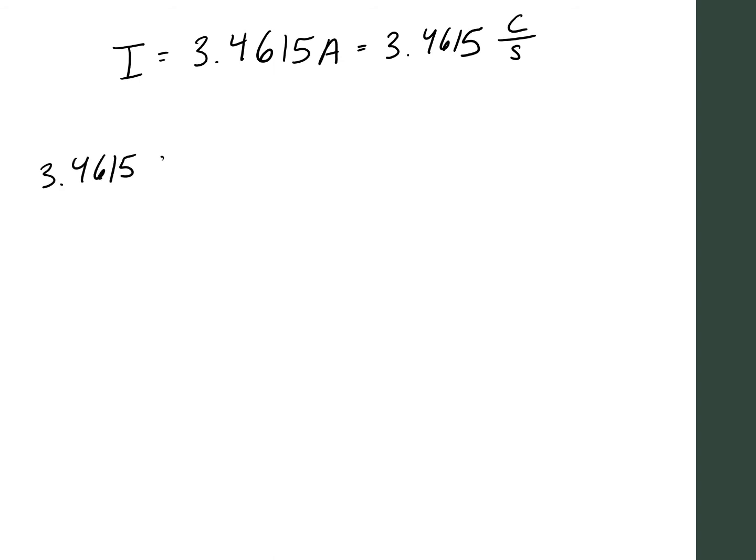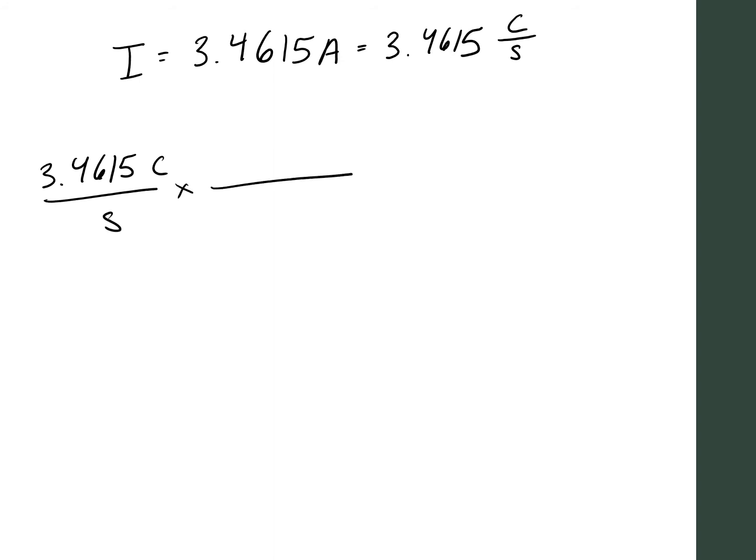So again, our current was given as 3.4615 amps, or 3.4615 coulombs per second. To get rid of the coulombs, I've just written it out.